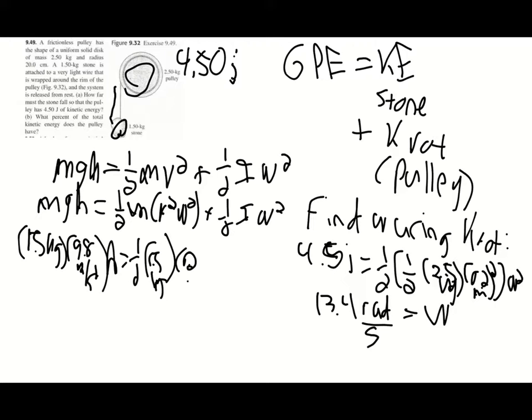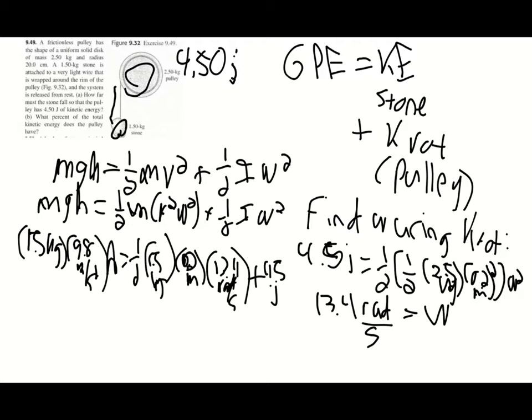Times 0.2 meters, times 13.4 radians per second, squared. I'm going to write plus 4.5 joules. There's no need to recalculate all that, they already tell us it's 4.5 joules.